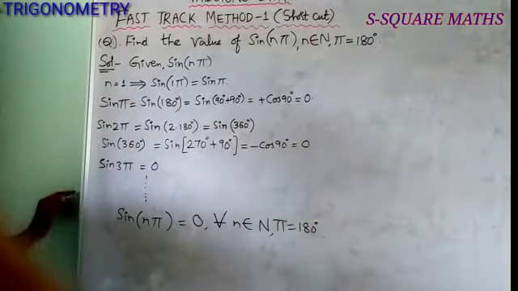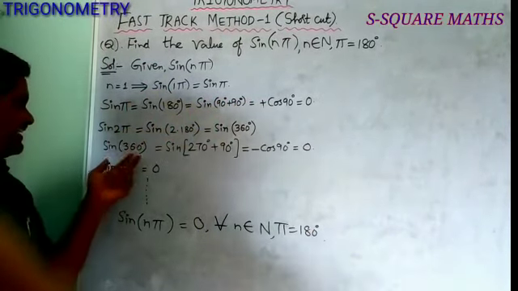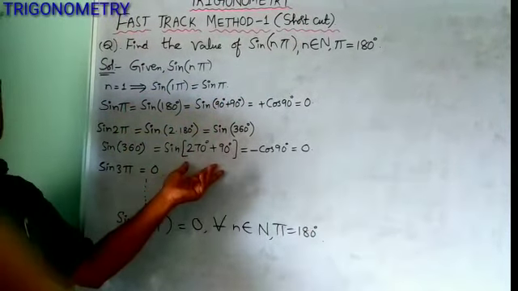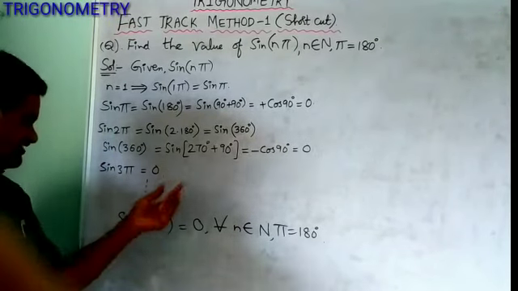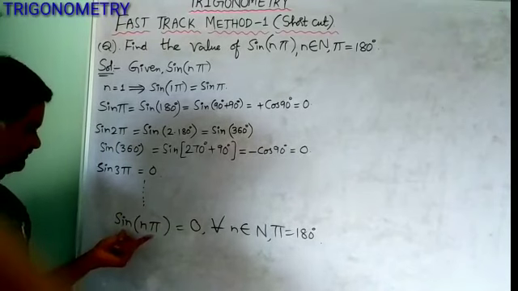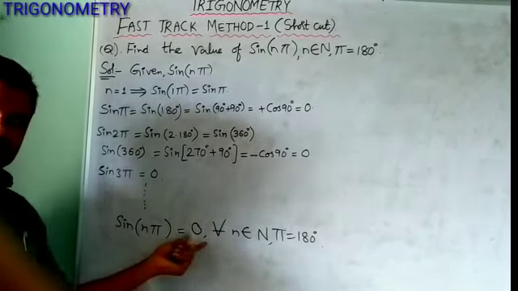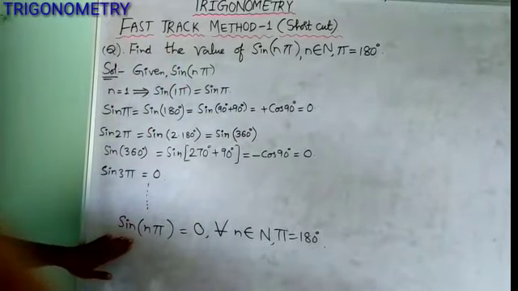So there is no need to consider sine 180 degrees, sine 360 degrees, 270 plus theta, etc. For any natural number multiple of pi, we always get 0. So instead of doing that, we can go for this shortcut method.